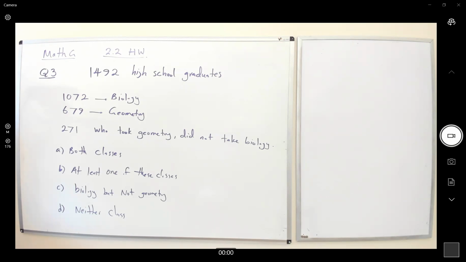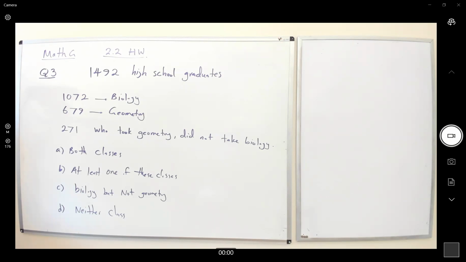So what information is given? 271 who took geometry did not take biology. So what's the meaning of that? It means that you have geometry and no biology.